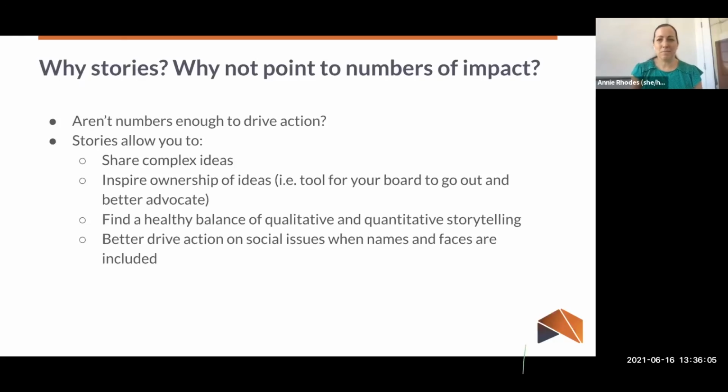That's still a story of impact. And so that's also important to recognize. It's also a way to share very complex ideas. I know many of you are working for many amazing, somewhat complex organizations. It's also a way to help people understand what you're working towards, and excite them about the work that you're doing.